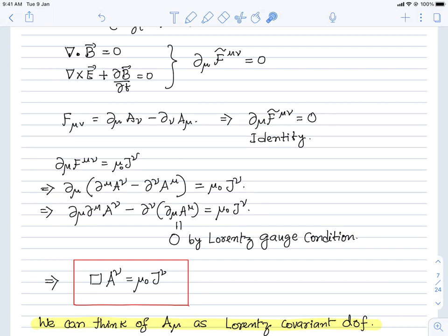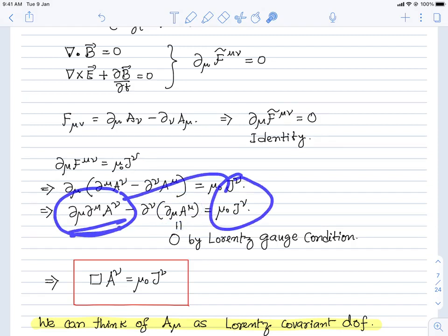Since we are doing a relativistically covariant formulation, we should make a gauge choice which is also relativistically covariant, and therefore we choose the Lorentz gauge condition. Then this term vanishes, and we are left with the D'Alembertian acting on the 4-vector field equal to the source.